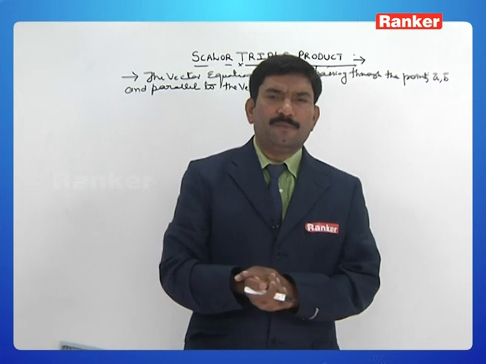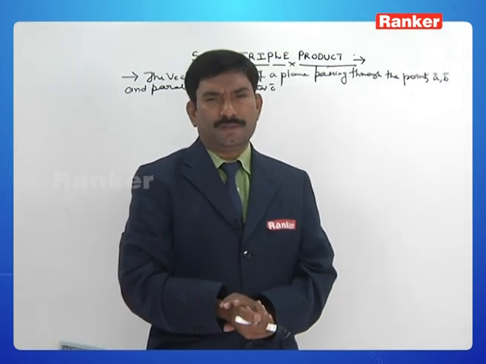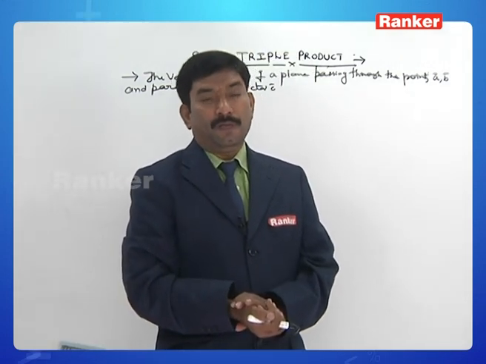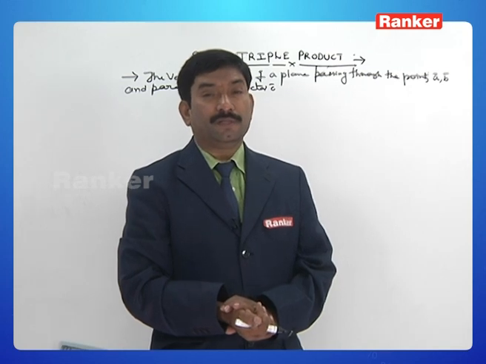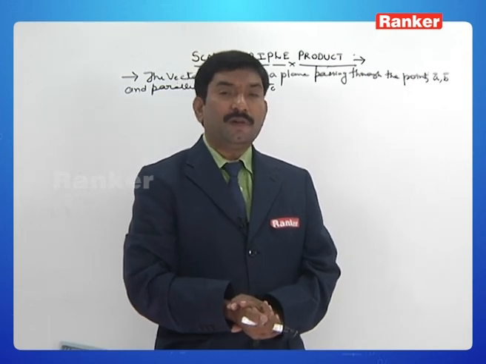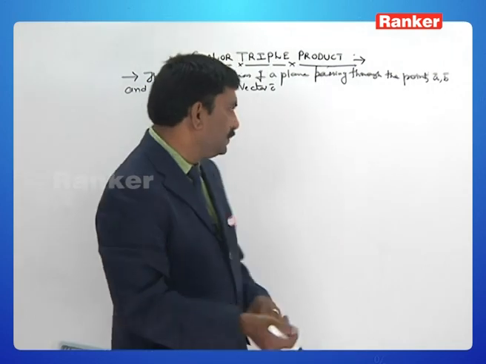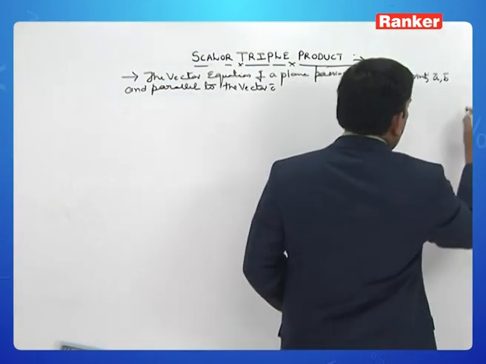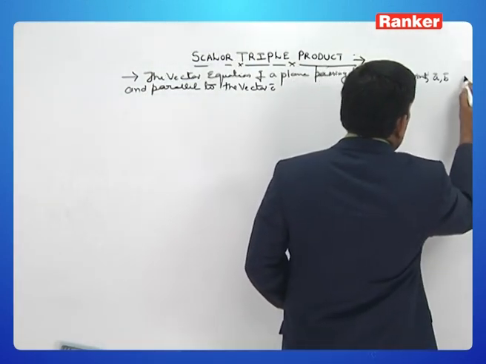Here A bar and B bar are the position vectors, and C bar is the what? Vector. I go to this one, the figure.